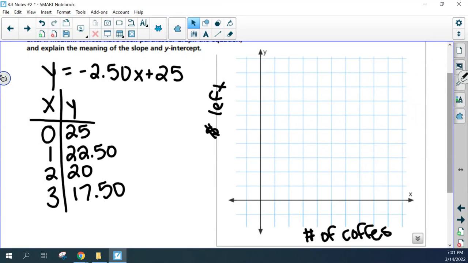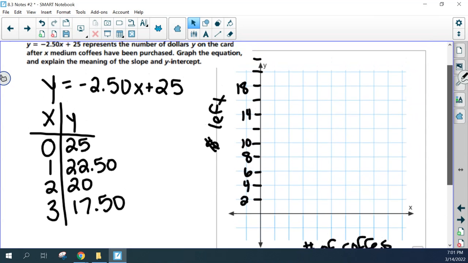Okay, so if I have this maybe go up by 2s, or you could go up by 5s. So I'm a little bit off my chart here.